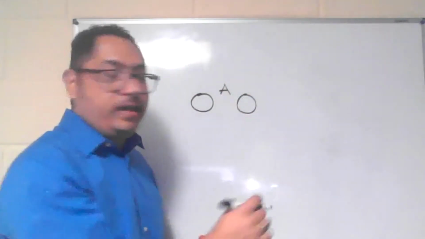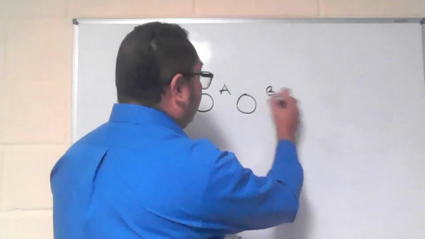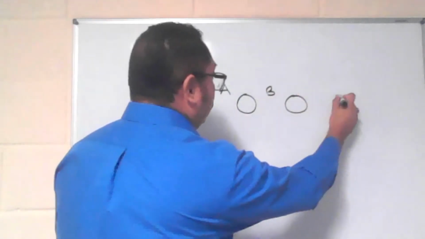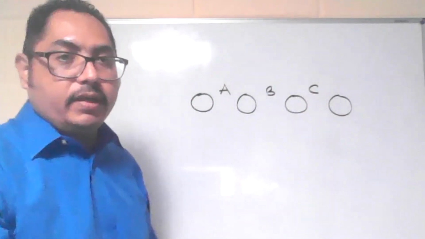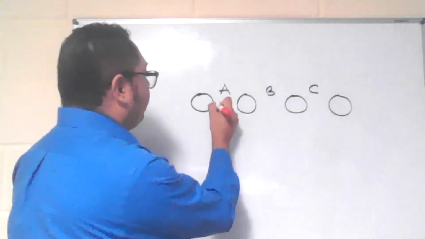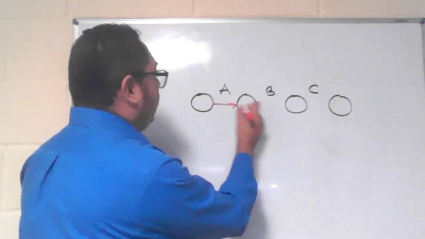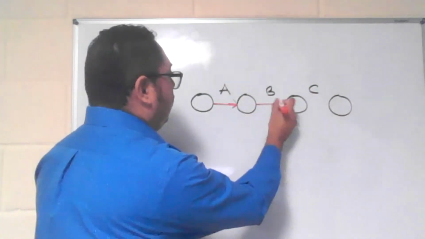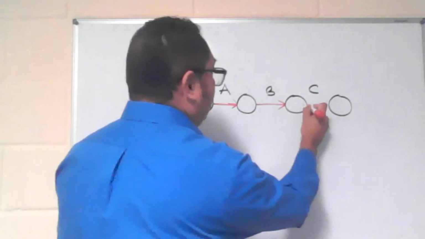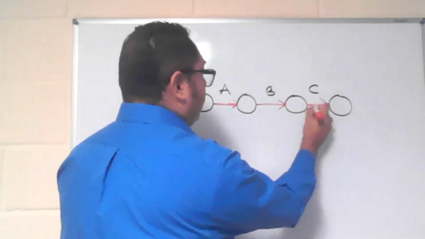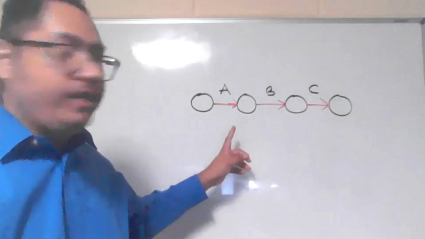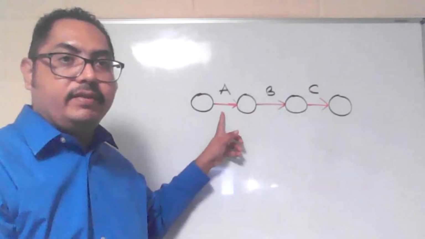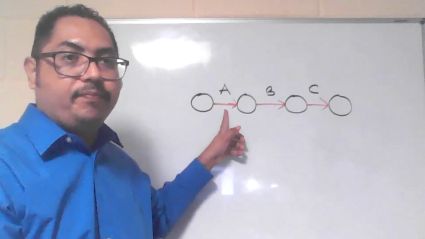So we have activity A, activity B, and activity C. You notice here that we have the activity on top of the arrow.